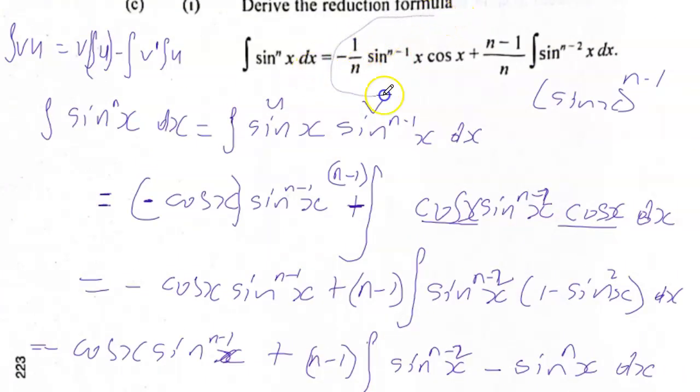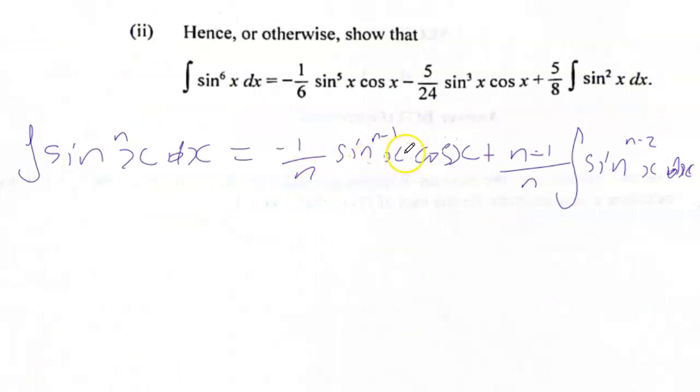So let's rewrite that. This we were given from the onset. So for the integral of sine to the power of 6, we're simply going to replace n with 6, so we're going to let n be equal to 6.